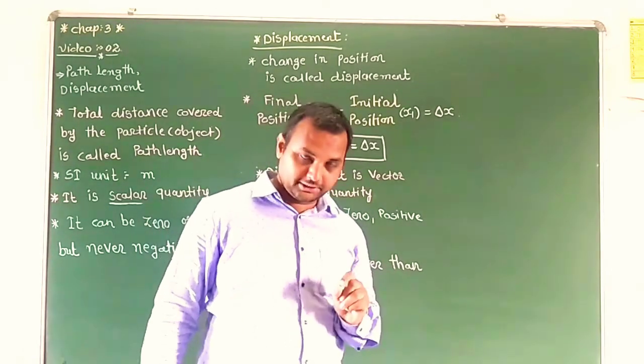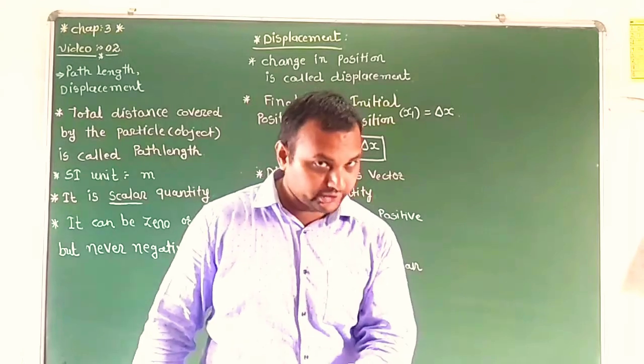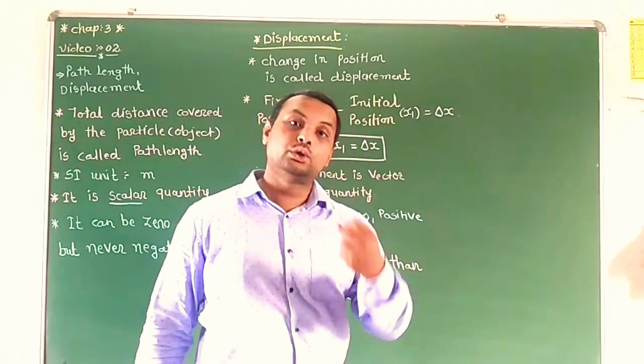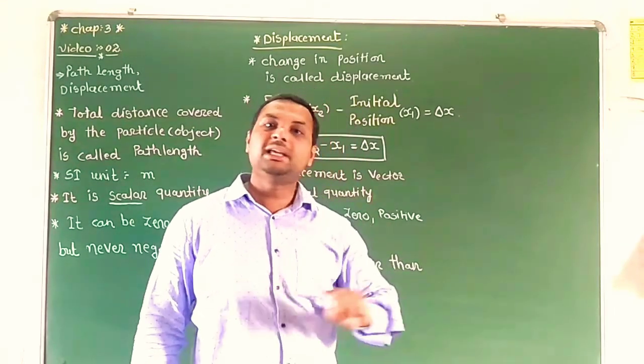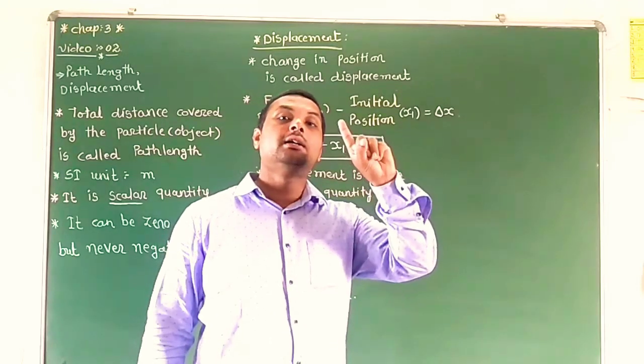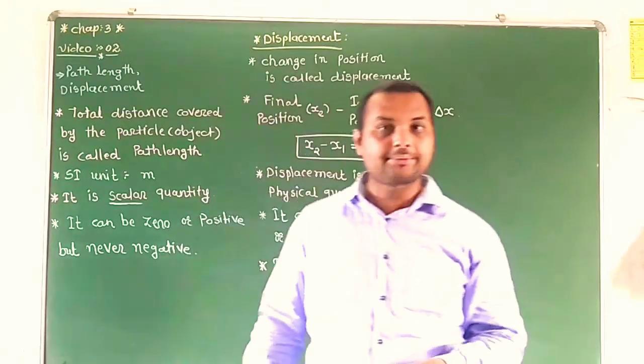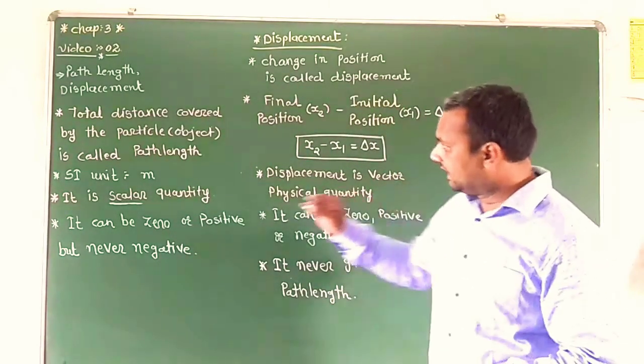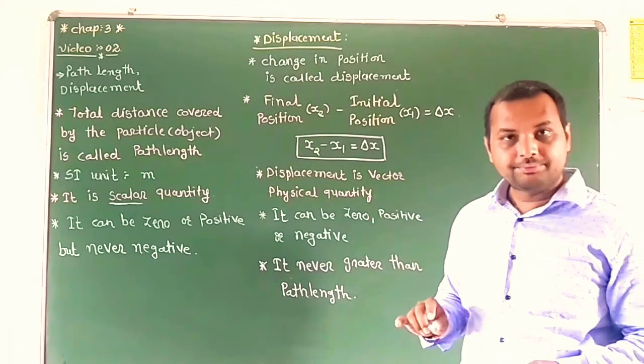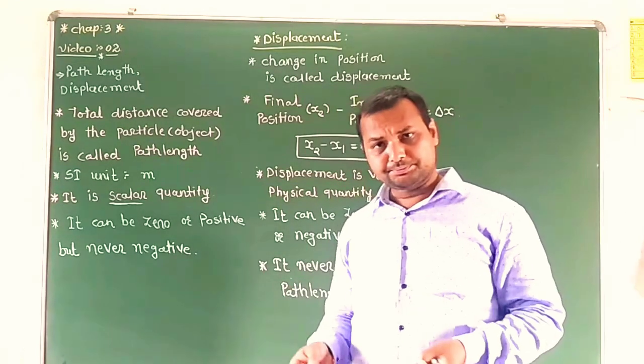Okay, displacement पाथ लेंथ जितना हो सकता है उससे छोटा हो सकता है, बट कभी भी उससे ज्यादा नहीं होगा. ये आपको हमेशा ध्यान रखना है. ओके, सो हियर वी हैव सीन द पाथ लेंथ एज वेल एज डिस्प्लेसमेंट.